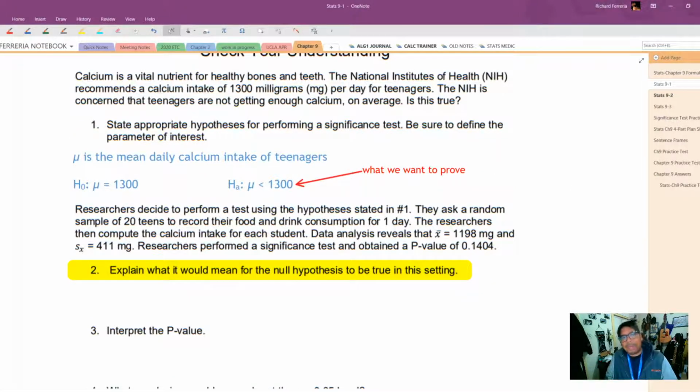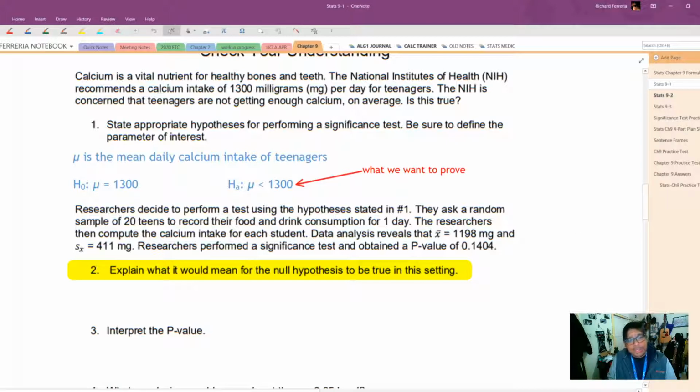Researchers decide to perform a test using the hypothesis stated in number 1. They ask a sample of 20 teens to record their food and drink consumption for one day, and the researchers then computed the calcium intake for each student, and the data revealed that the sample mean, x bar, is equal to 1,198 milligrams, with a standard deviation of 411 milligrams.